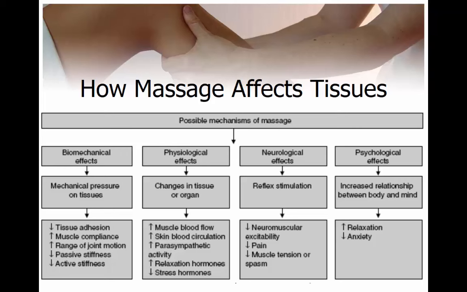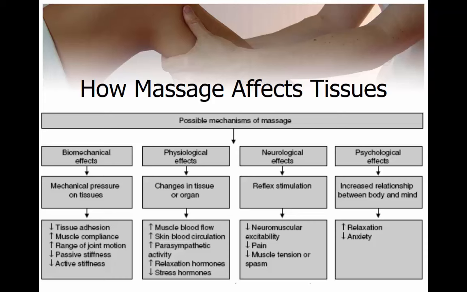The physiological effect of massage comes from the change in the tissue or the organ. This results in an increase in muscle blood flow, increased skin blood circulation, increased parasympathetic activity, increased relaxation hormones, and decreased stress hormones being released.